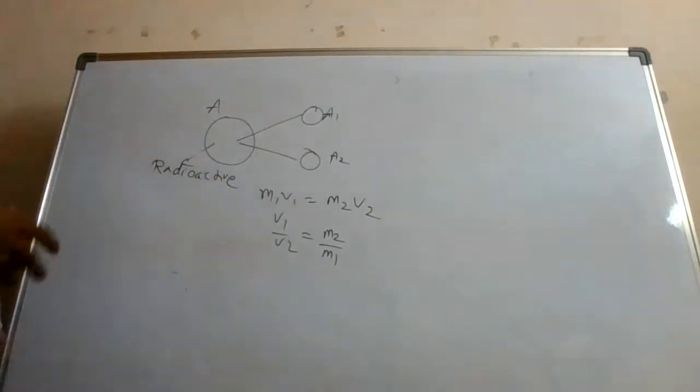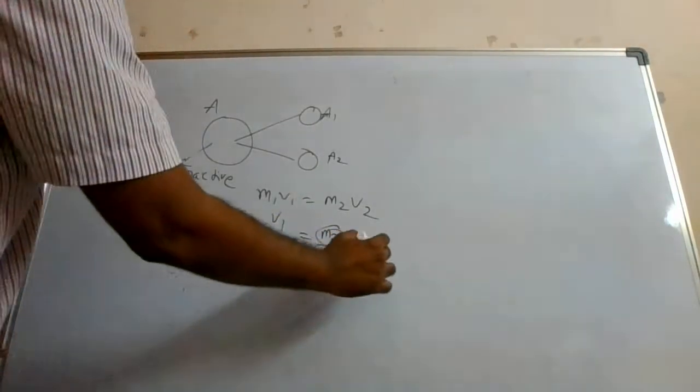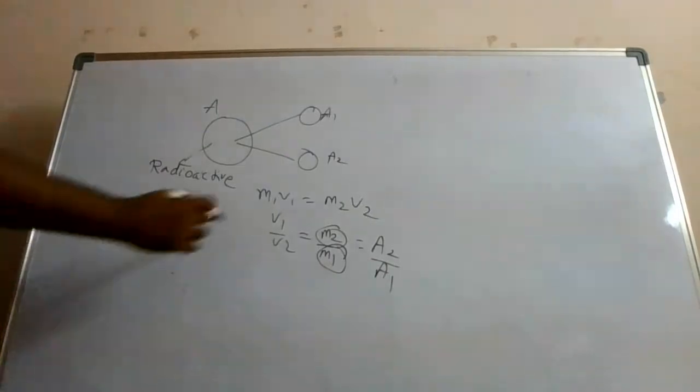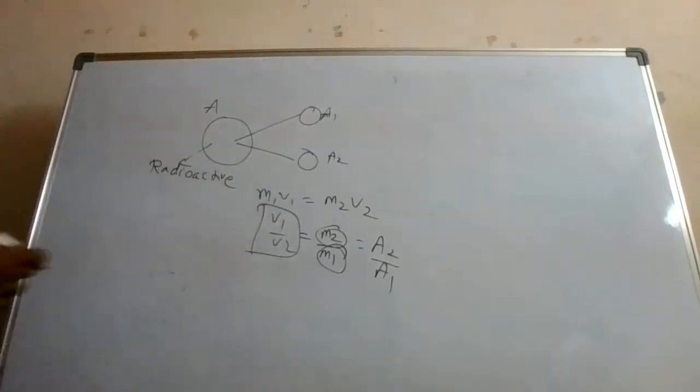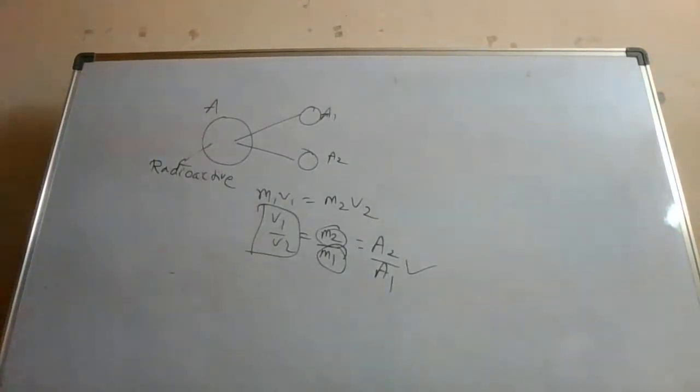M1, M2 are the masses of the split nucleons. So in place of M2 you can write A2 by A1. So the velocity with which they are now moving will be in the ratio of their atomic masses. So this is one concept you can learn.